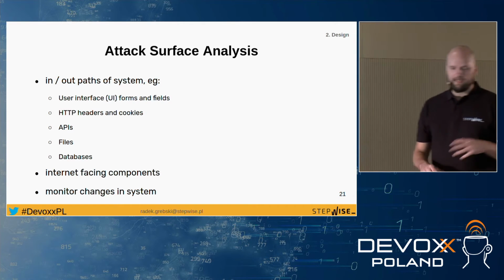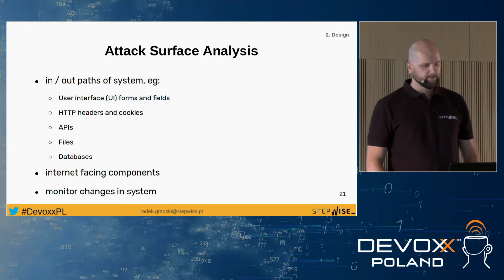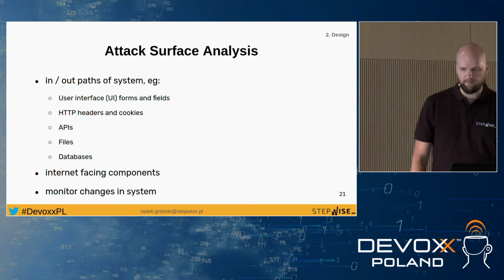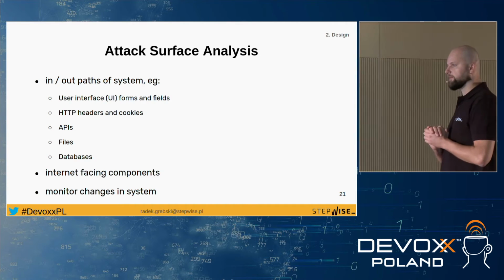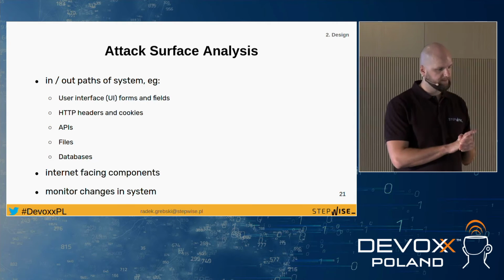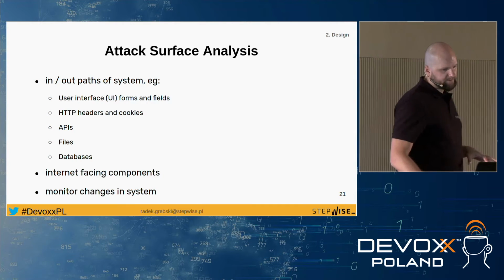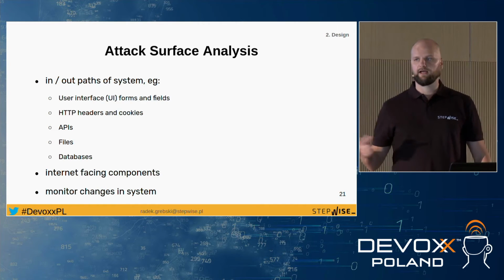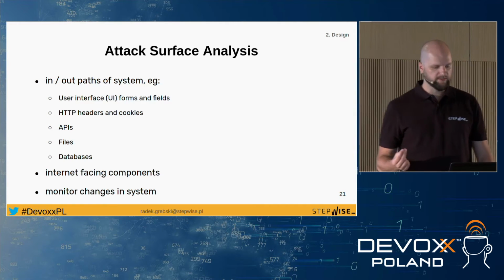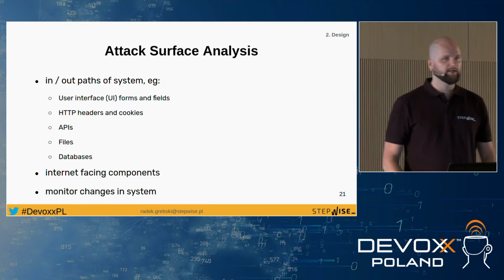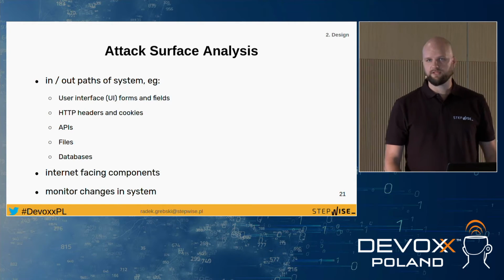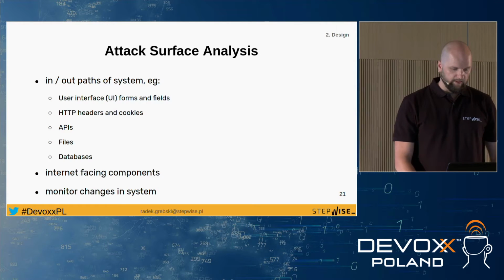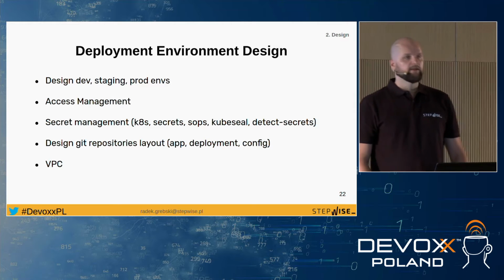And of course, APIs, files, and databases are also in and out paths and are also part of the attack surface. And when we do that analysis, with every sprint, every change in our system, we should update that surface, because our software is being changed and developed over time.